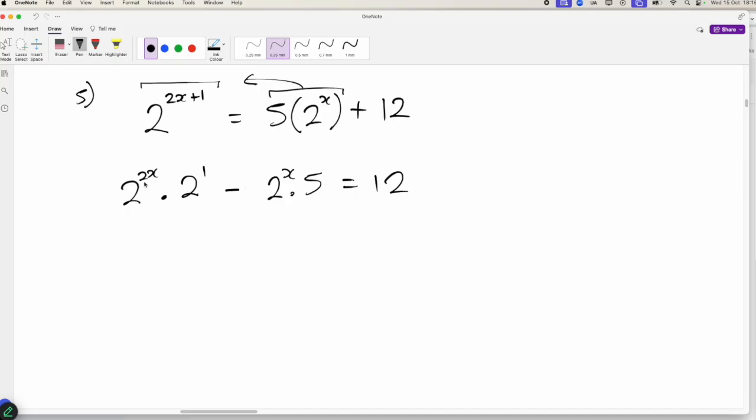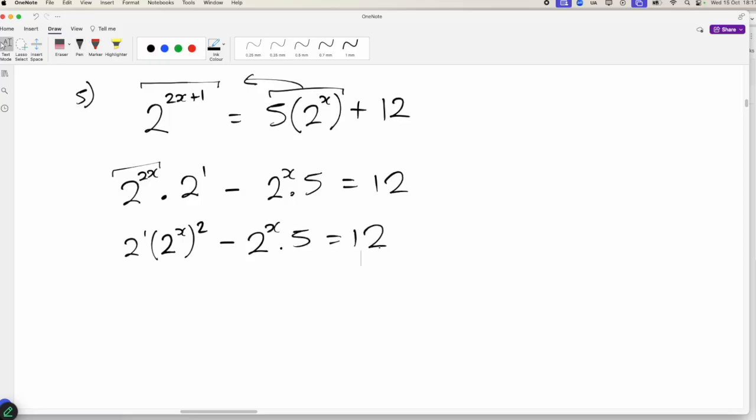Well, you know that this here is 2 to the 1 times 2 to the x squared, and you can see how I'm pulling the 2 to the x out, minus 2 to the x times 5 is equal to 12.